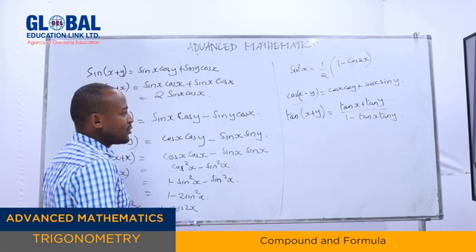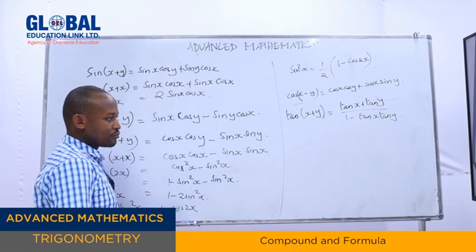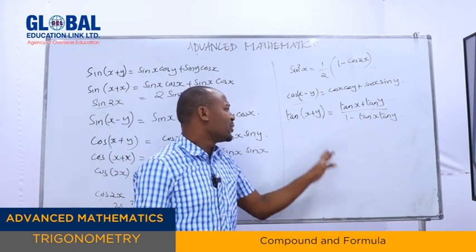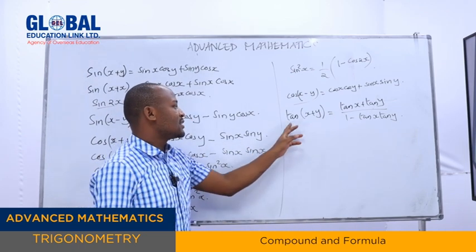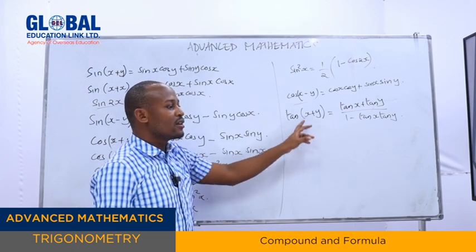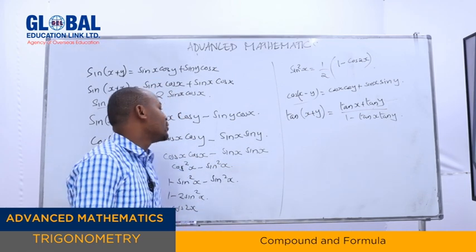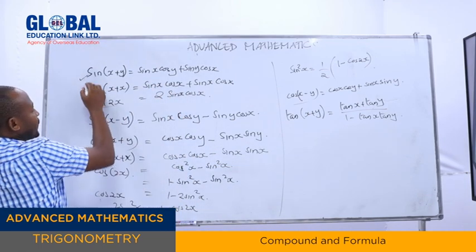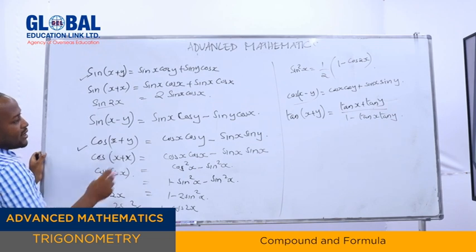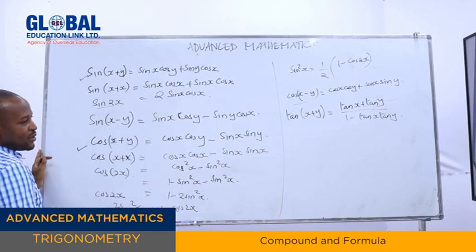And where does that come from? You can be told to derive this. We know that tan is equal to sine over cosine, and then you will use this one and this one, and you end up having that expression there.